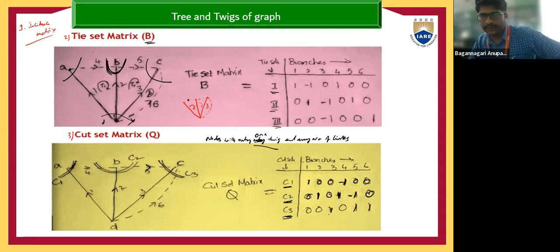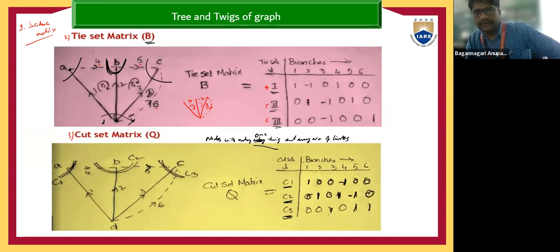What is the condition here? The direction of the link currents has to be considered as the direction of the loop currents. So we can give the links 4, 5, 6 as indicated here, or the loop currents 1, 2, 3, and we can give the directions here.